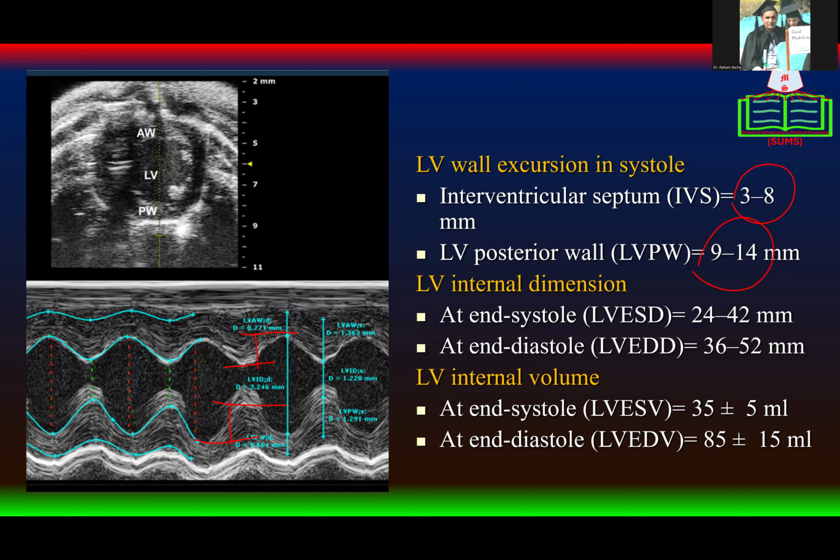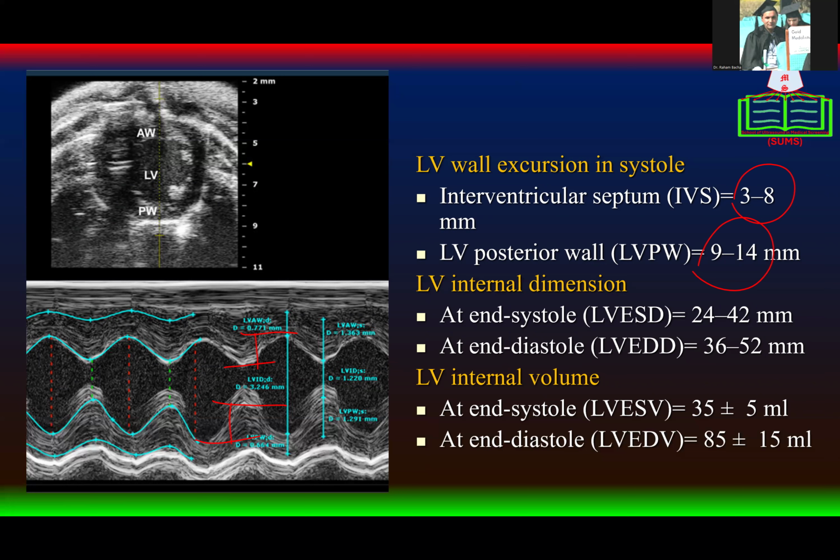That's why its internal dimension is greater, and that is 36 to 52 millimeter. But during systole, both the walls, interventricular septum and posterior wall, come closer to each other, and the internal dimension is smaller, and that is 24 to 42 mm.